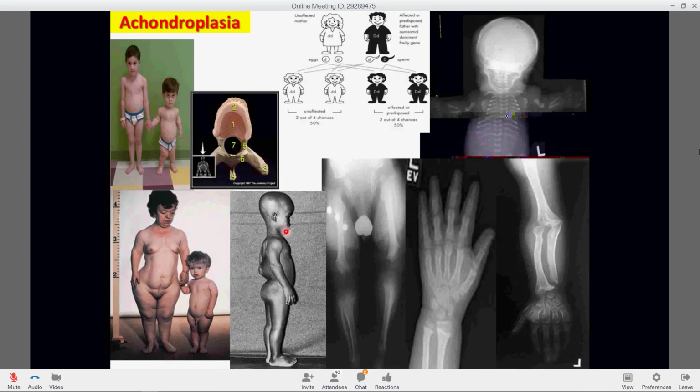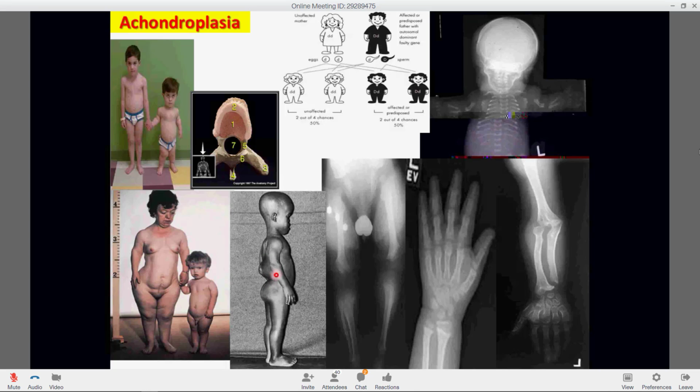The skull is large with a protruded frontal side. The nose is depressed and the back is affected. There is kyphosis or scoliosis, sometimes a combination of the two conditions. Kyphoscoliosis occurs.